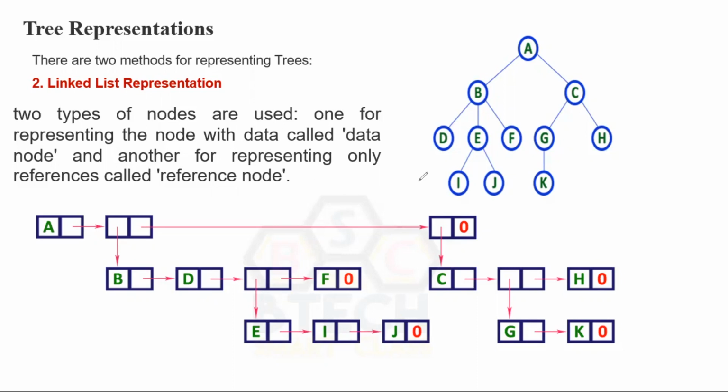I'll show you. This is the tree, and this is how we can represent it using a linked list where each node has two fields, one for the data and another for the reference. For example, if you see node C here, reference to G on the left and to the H on the right.